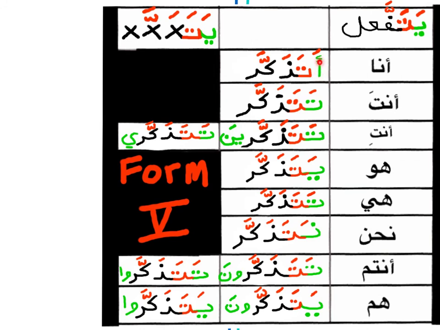See the conjugation prefix. أنت تتذكر. أنت تتذكرين or تتذكري. هو يتذكر. هي تتذكر. نحن نتذكر. أنتم تتذكرون or تتذكروا. هم يتذكرون يتذكروا. To remember in Form 5.